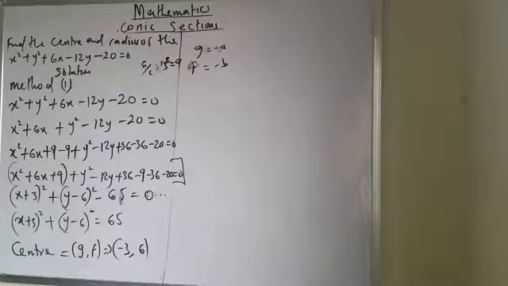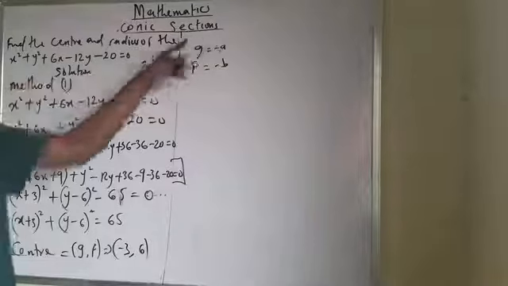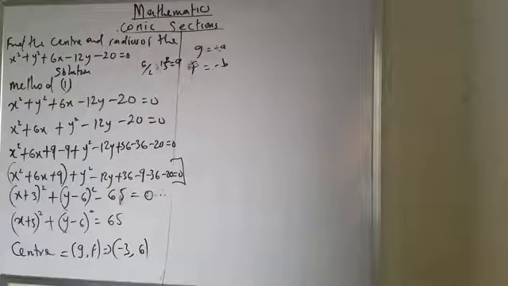Please take note of that, because we have shown the relationship between them. And also my radius will be equal to root of 65. Root of 65, that is my radius. That is all I need to do. That is my method 1.